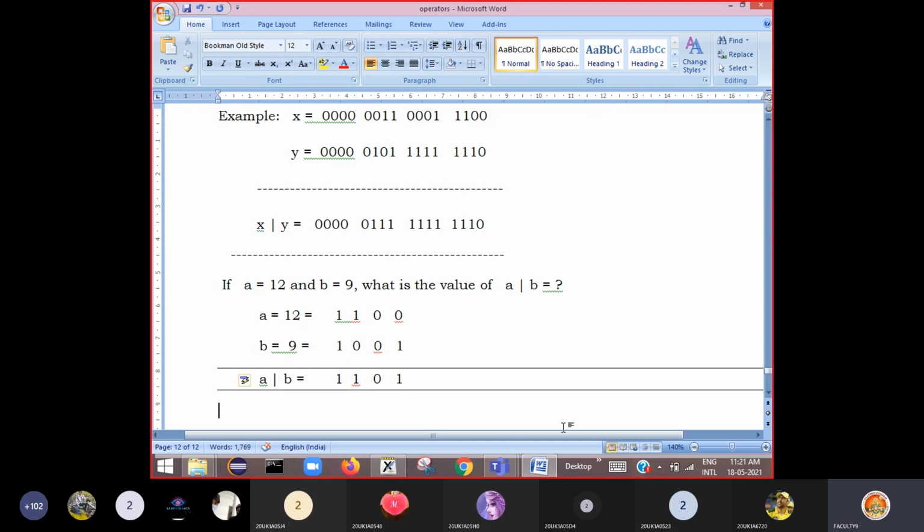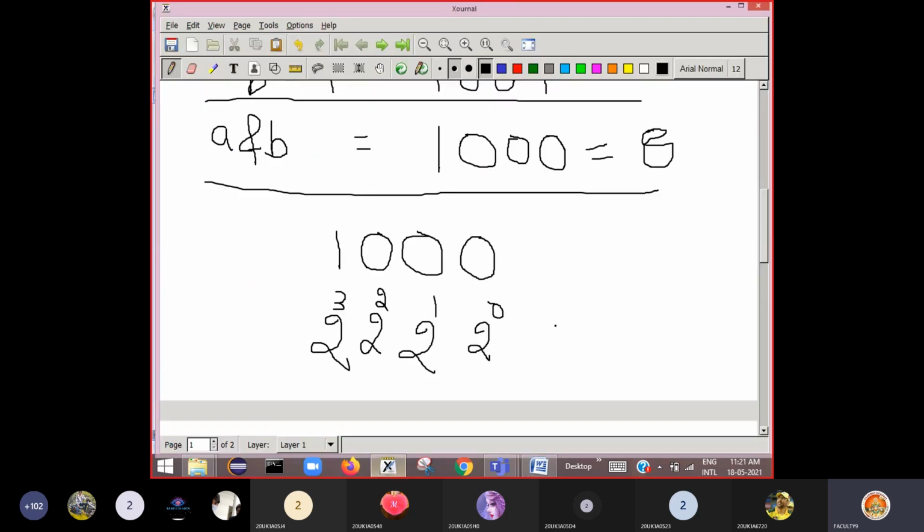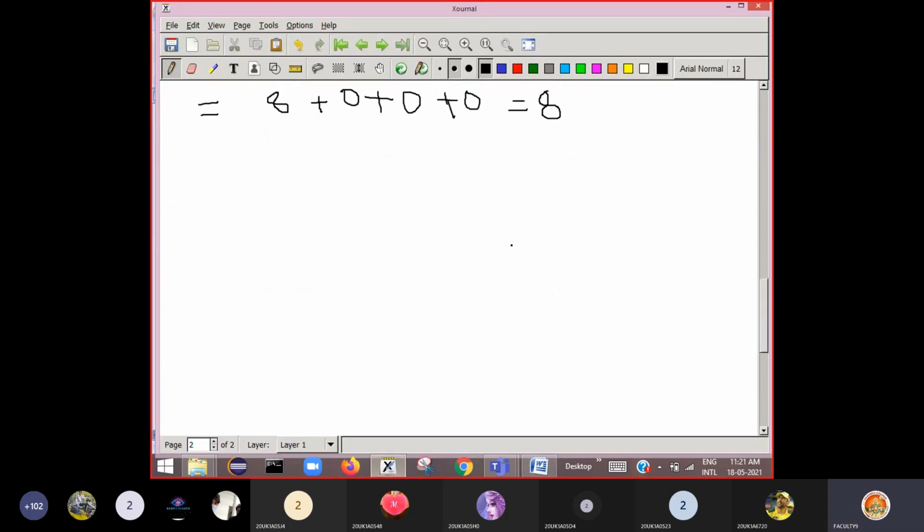Now 1 1 0 1 we got. So what is its equivalent binary form? How can you represent this 1 1 0 1? This is the result we got.